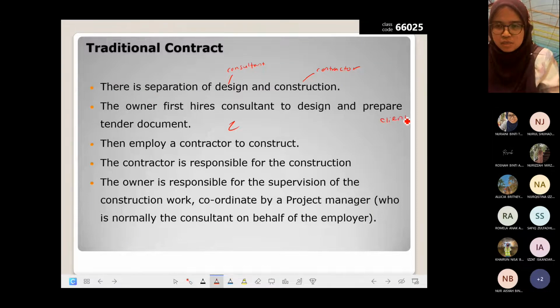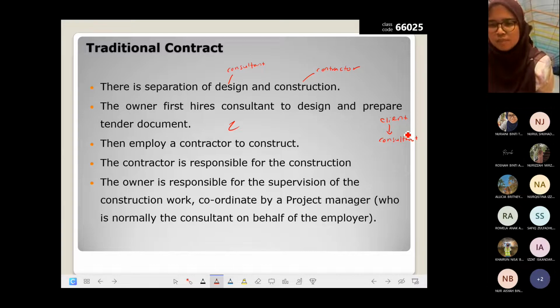The client hire consultant. So consultant ni dia yang akan design and prepare tender document according to the client requirement. So client tu nak buat building apa kan, nak bentuk macam mana, consultant, QS, architect and also M&E. So they stick together and they're going to design.